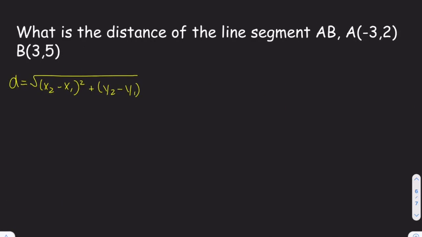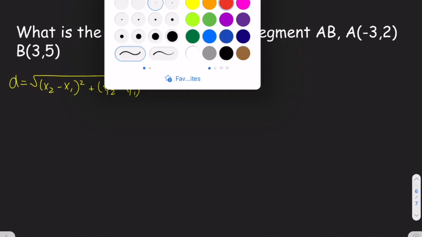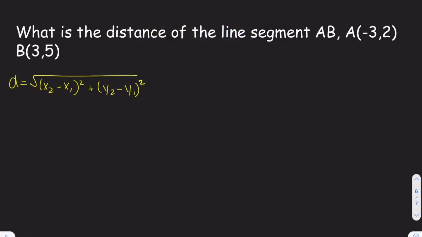What is the distance of line segment AB, A (-3, 2) and B (3, 5)? So once again, the distance formula, (x2 minus x1) squared plus (y2 minus y1) squared, and you will take the square root of that answer.